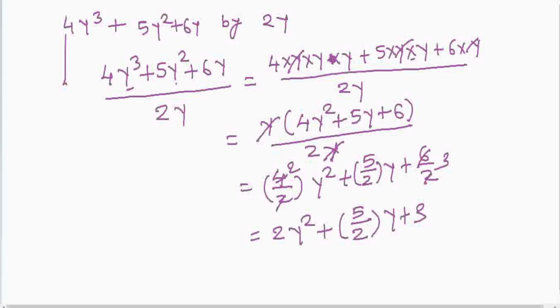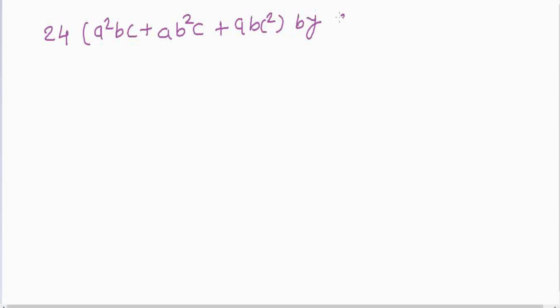Now let us take one more example. Divide 24 into a square bc plus a b square c plus a b c square by 6abc.